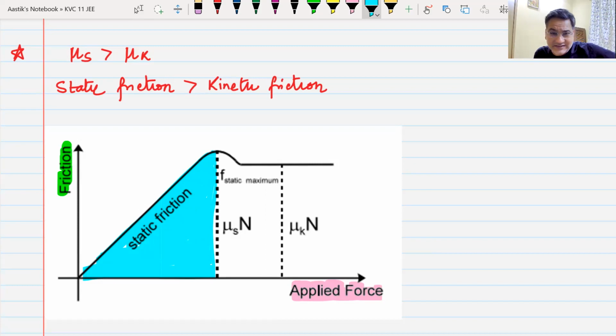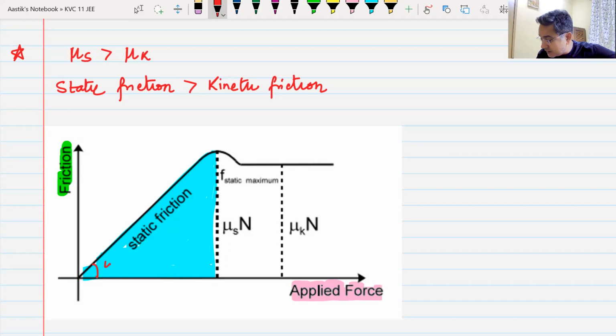When force is 0, static friction is 0. When force was 5 Newton, static friction was 5 Newton. When the force was 10 Newton, the static friction was also 10 Newton. Do we remember that? Yes or no? And that is why this is a straight line, and how much would be this angle?